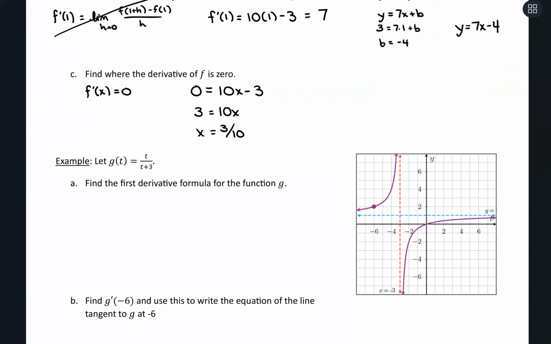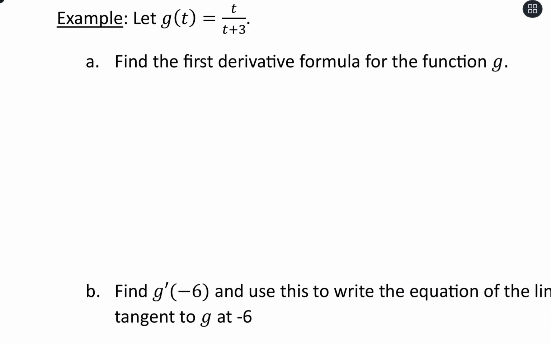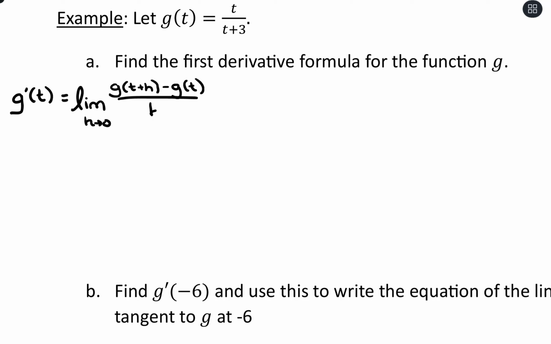Now let's take a look at a rational function. Finding the first derivative here for our function g, given that it's a rational function. So we're looking for the function g prime of t. And what we're going to do is take the limit as h approaches 0 of g of t plus h minus g of t, all over h.